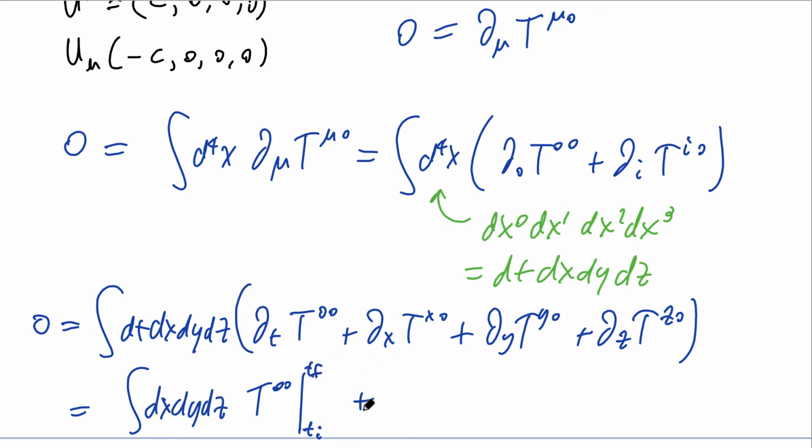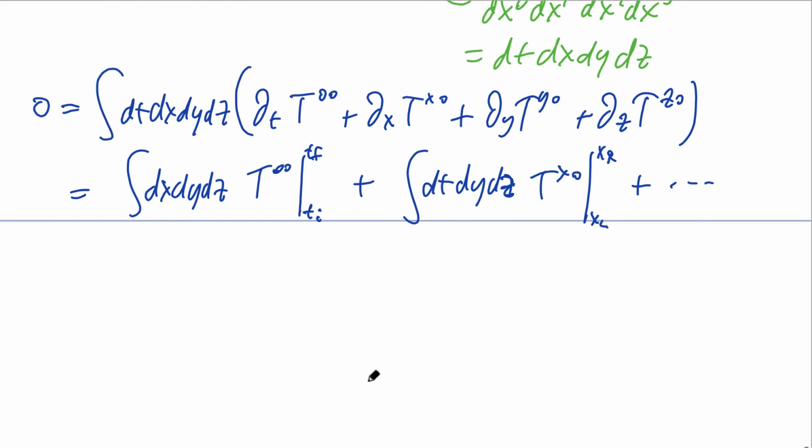And from this term, we have the integral dt dy dz of T^{x0} evaluated from the left end in x to the right end in x, and so forth. We have corresponding terms for y and z.